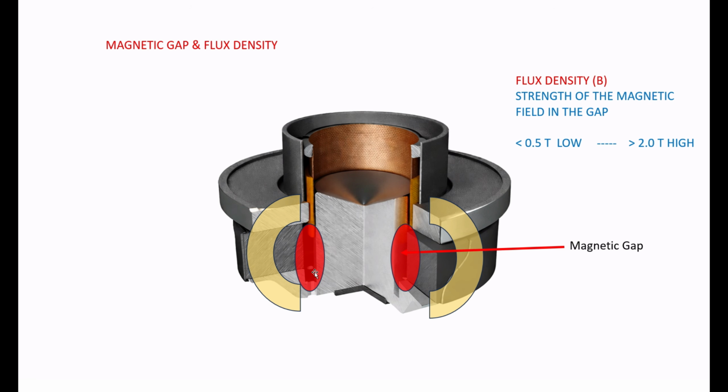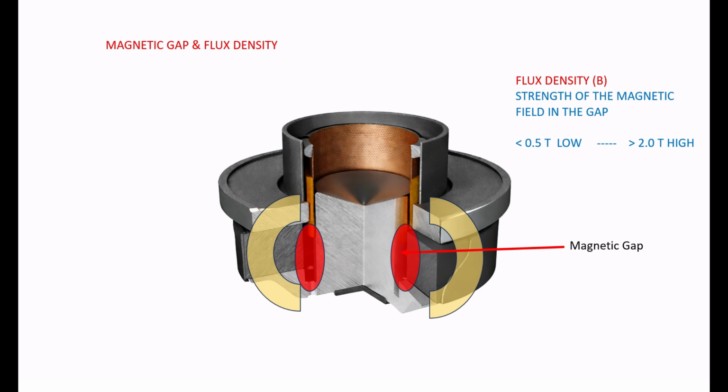So we actually can measure this magnetic strength in this magnetic gap, and we use a term called flux density. The shorthand for that is B, and it's the strength of the magnetic field in this gap. So you can look on the spec sheets and see whether it's a weak flux density or a high flux density, but that's certainly one of the measures, right?